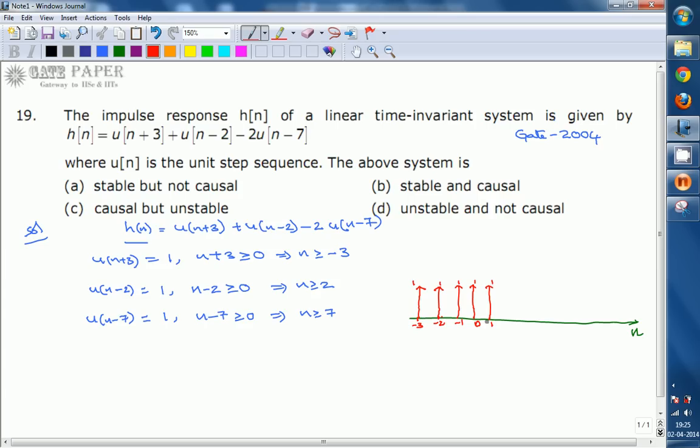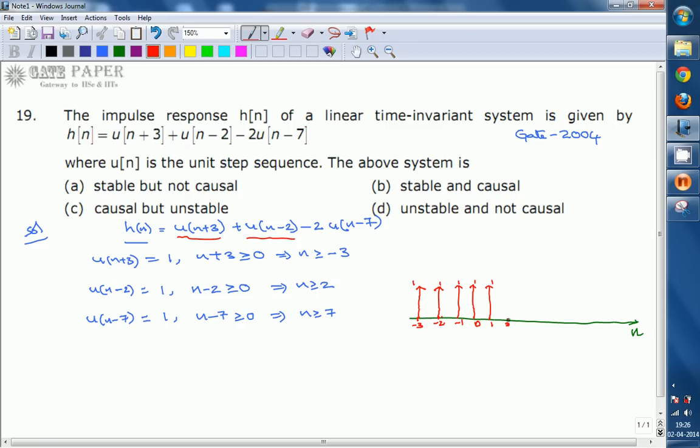So from 2 onwards, see here, u of n minus 2 equals 1 for n greater than or equals to 2. So from 2 onwards, we can observe that u of n plus 3 and u of n minus 2 both are added. So the amplitudes are added here. So 1 plus 1 becomes 2.